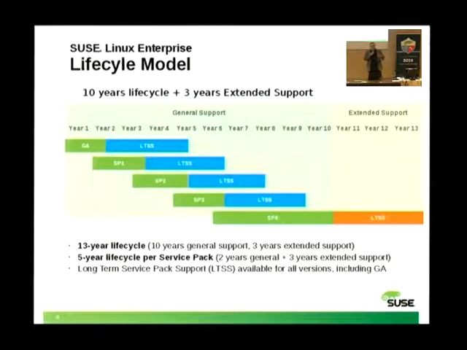What we have in terms of a life cycle is a 10 plus 3 year life cycle. So every major release we are doing is supported for up to 13 years: 10 years of general support and 3 years of extended support. So we are doing one major release like SUSE Linux Enterprise 11, and that will be available for 10 years.